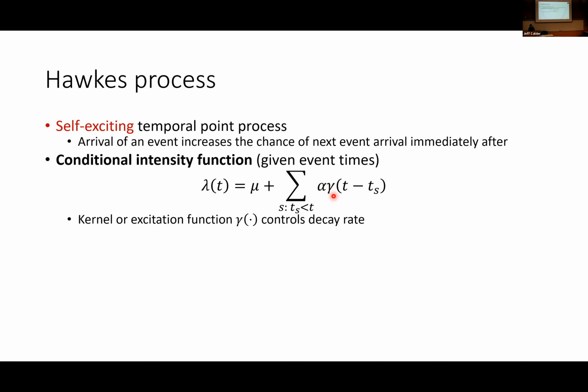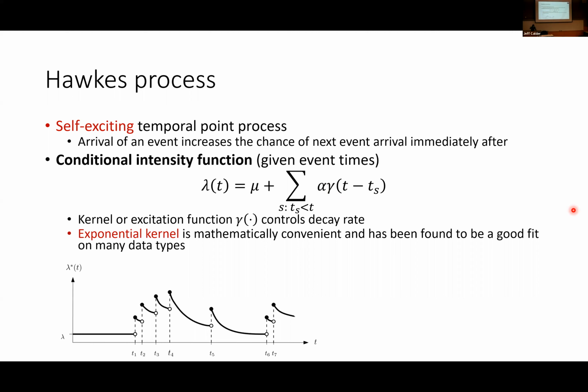This is called the kernel function that controls the decay. The typical function used for the decay is an exponential kernel. So you assume you have this instantaneous jump in your intensity, and then you have this exponential decay. It's both mathematically convenient and also a good fit for many data types.